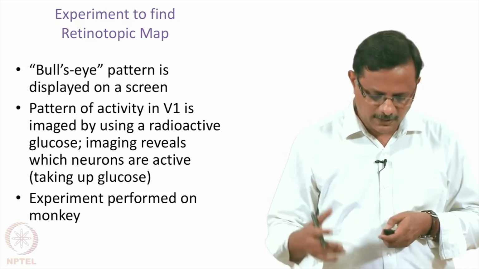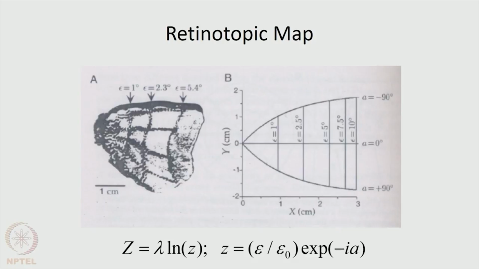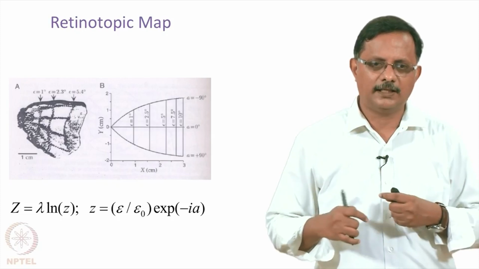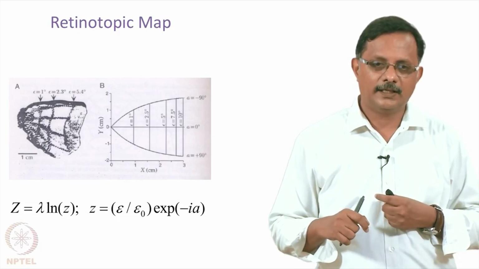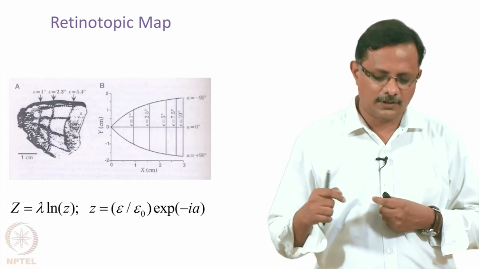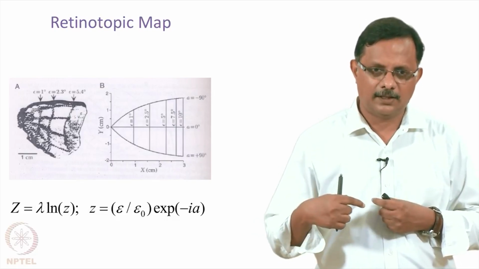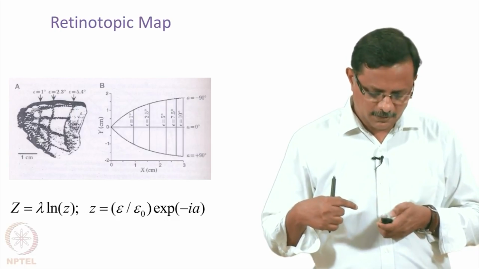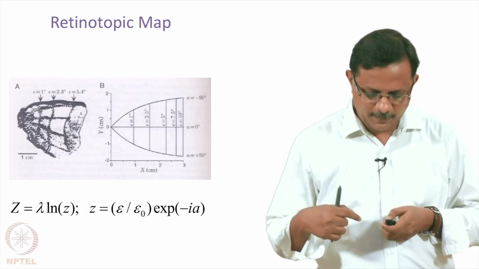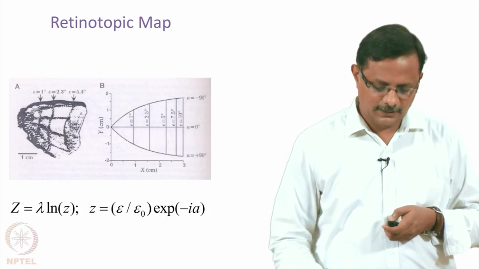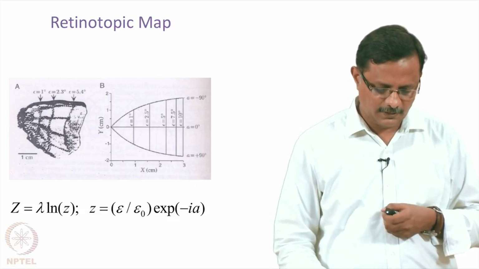So, that radiograph looks something like this, in the image on the left side. The bar patterns, the grid-like intersecting lines that you see in this radiograph, indicate where the neurons are activated, because these are the points on the brain surface where neurons have taken up the radioactive glucose.